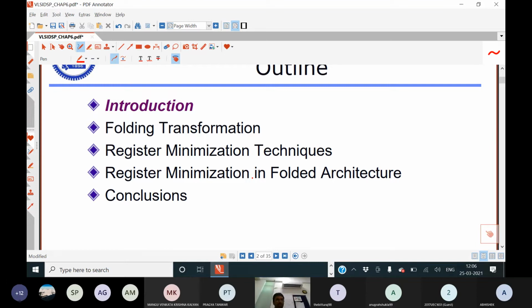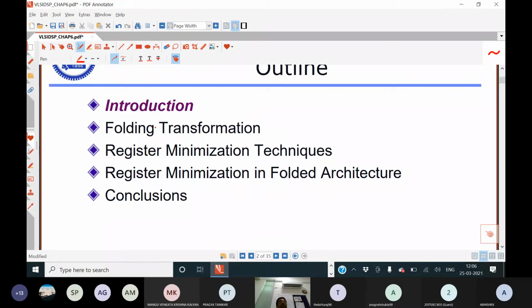Okay. So now we will start with the folding. Till now, the techniques that we have seen are mainly about optimization in terms of speed. That means if we want performance, you can apply retiming, pipelining, parallel processing, or even the unfolding we have seen.